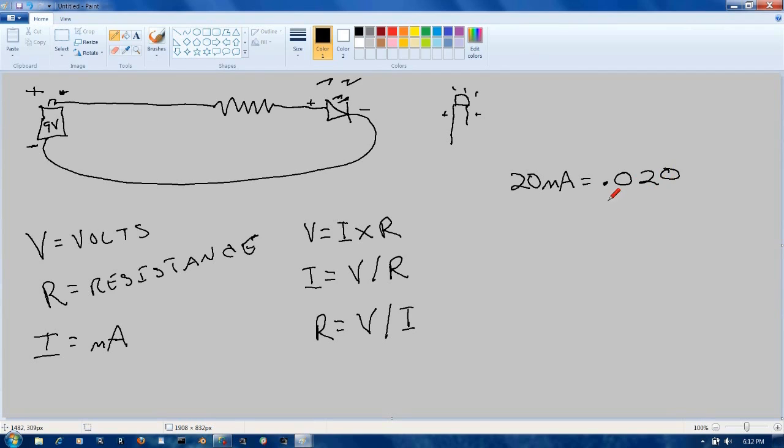That's 20 milliamps. 0.100, that's 100 milliamps. 0.200, that's 200 milliamps. 0.001, that's 1 milliamp. 1,000 milliamps would be 1.000, or 1 amp. 900 milliamps would be 0.900. It's important that you do this because this is what you need for the math. So these are your milliamps.